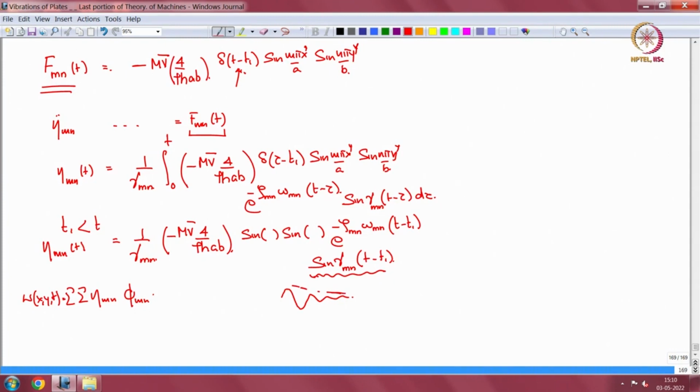Per mode, for every mode it is like that. For every mode that is contributing, eta mn is a single mode. Here we are summing up the modes. So if we look at it mode by mode, then there will be some constant in front, an oscillation in time, then a decay. So every mode will decay like that. Okay, so that is your impact.